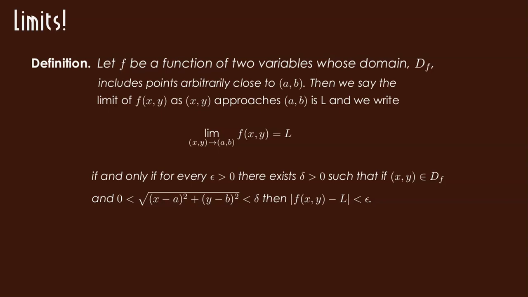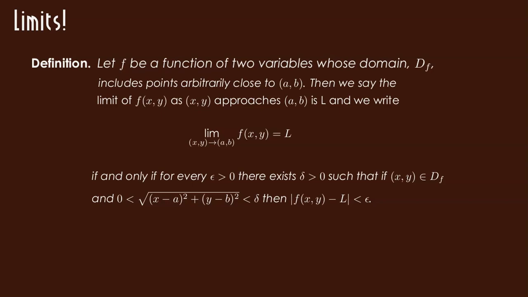Then we say the limit of f(x,y) as (x,y) approaches (a,b) is L, and we write the limit as (x,y) approaches (a,b) of f(x,y) is L, if and only if, for every epsilon greater than 0, there exists a delta greater than 0, such that if (x,y) is in the domain, and it is within delta distance of (a,b), that's what the 0 less than the square root of (x minus a) squared plus (y minus b) squared being less than delta means, it's close to (a,b), then f(x,y) minus L must be less than epsilon.